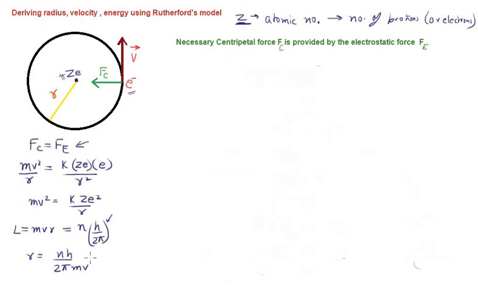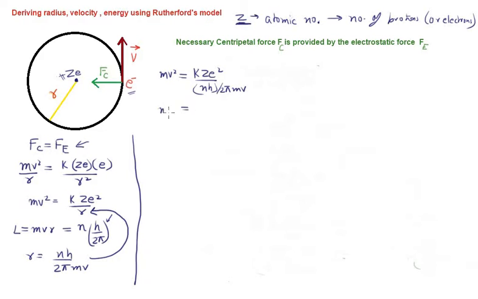Now we can plug this value of r into this equation, and we will simply get mv square equal to k Ze square, and we are plugging in the value of r, which is nh divided by 2 pi mv.